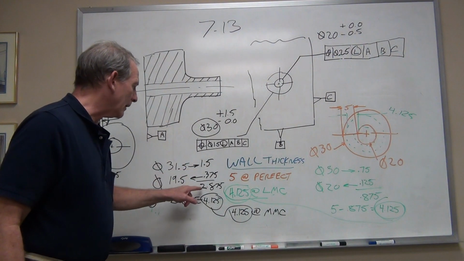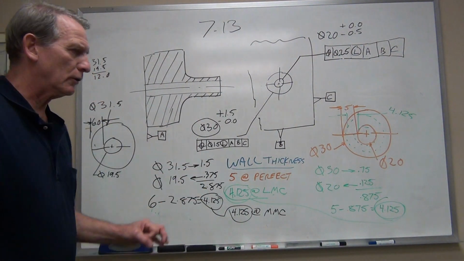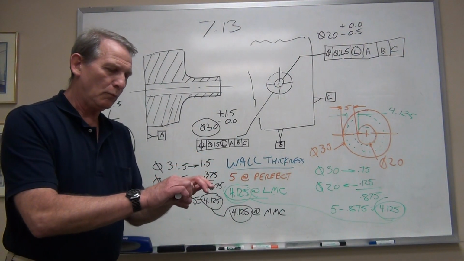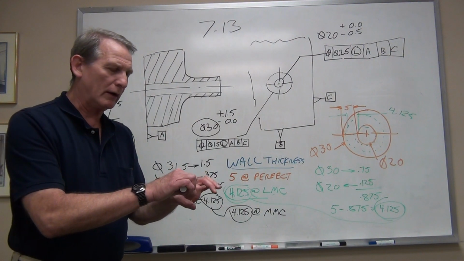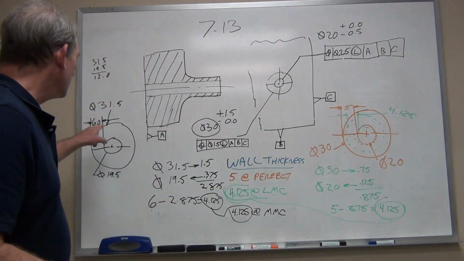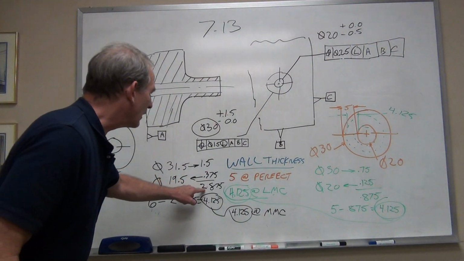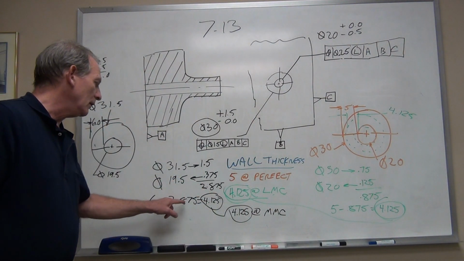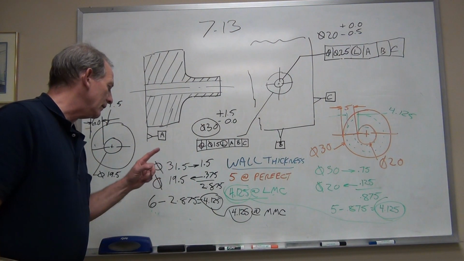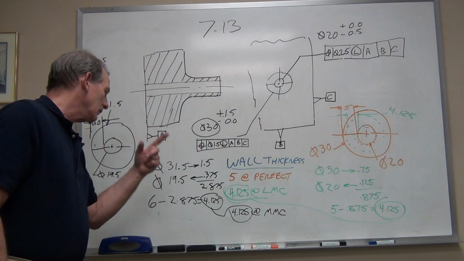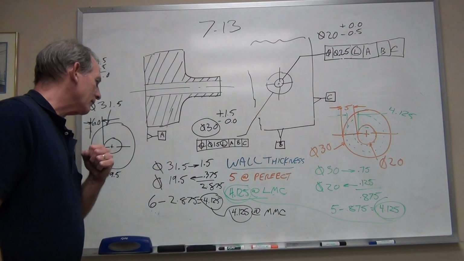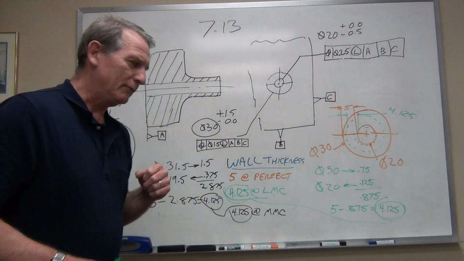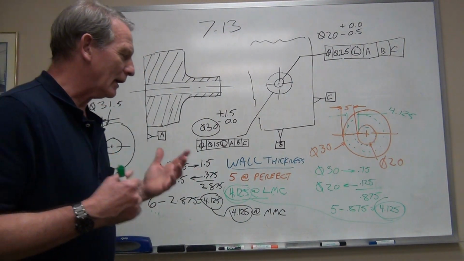We add that up, and that is 2 7/8, so the wall thickness will vary by that difference between 6 millimeters and 2.875. If we do that arithmetic, 6 minus 2.875 is 4 1/8. So we actually ended up with the same wall thickness.